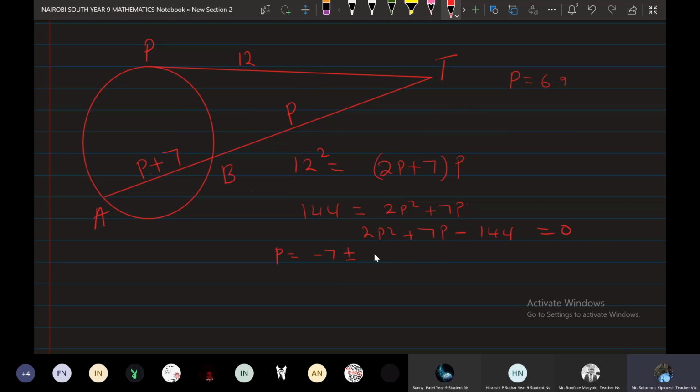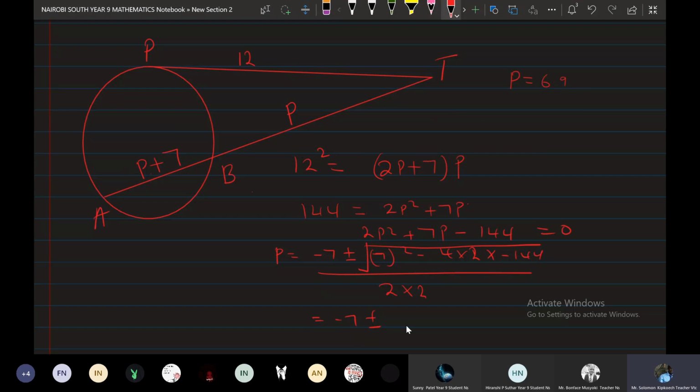So this one here, you say 7 squared minus 4 times 2 times negative 144, and of course there's a square root here, all over 2 times 2. So finally you have negative 7 plus or minus.